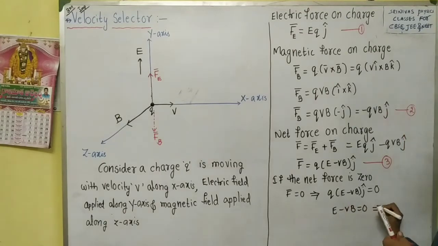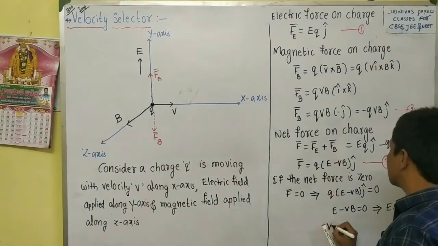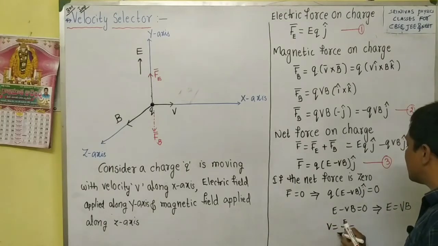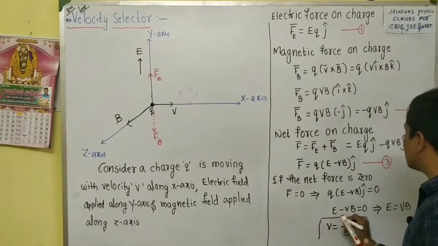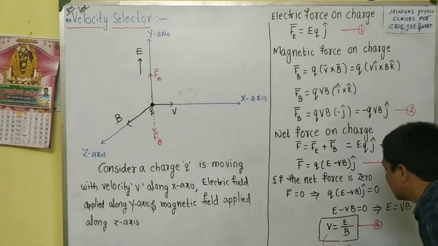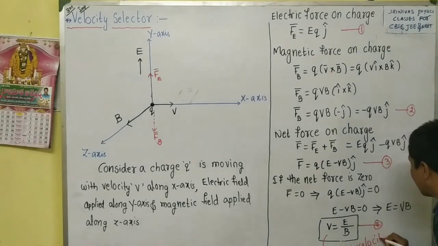From this we will get E equal to VB. From this we will get the V formula as E by B. This V is called the velocity selector, and this is equation 4.